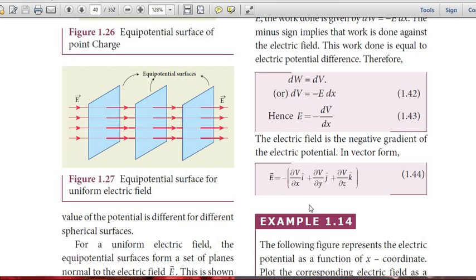The charge can move along the x axis, the y axis, or the z axis. In any case, the charge moves against the electric field. So the electric potential is always against the electric field.